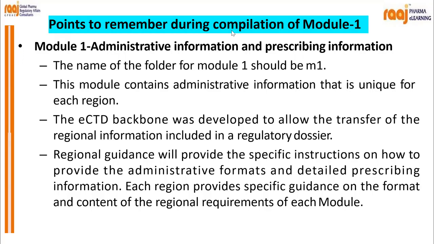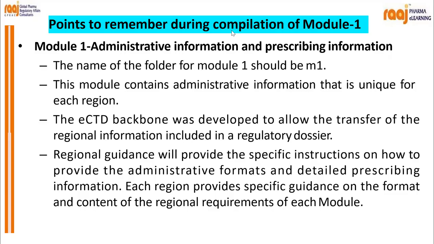Now, just remember points module-wise. Module 1, as I said, is very important because it gives administrative information and the prescribing information. The folder name for module 1 should be in small letters, that is m1. The module contains administrative information that is unique for each region.